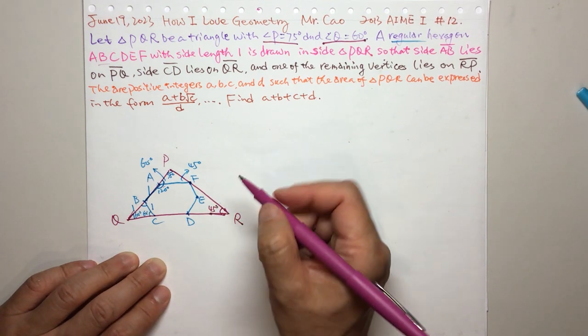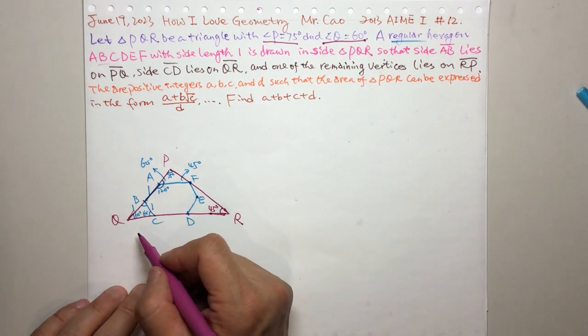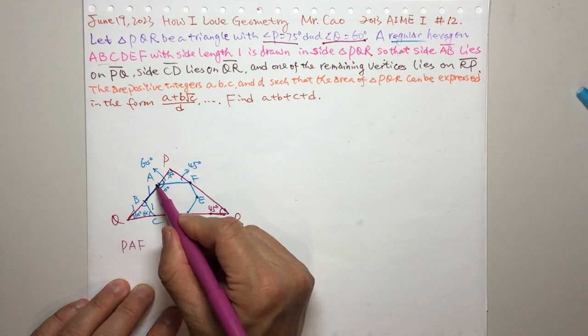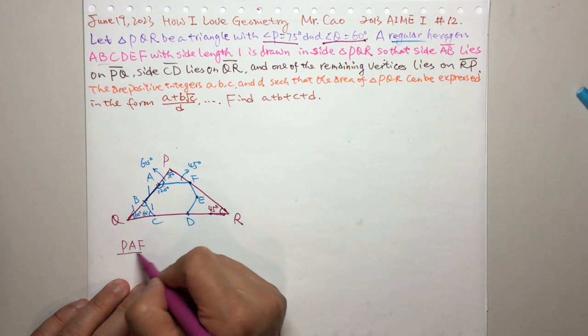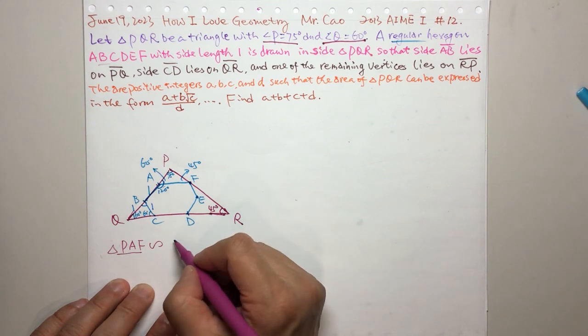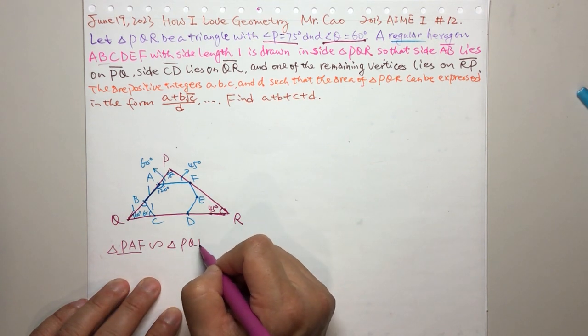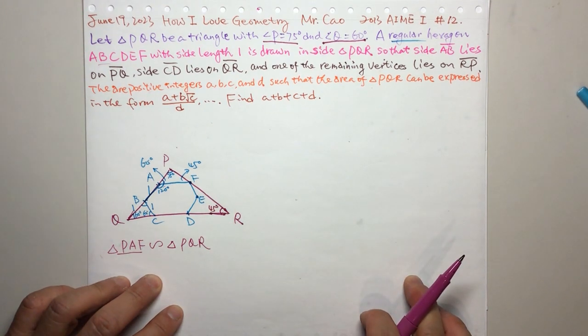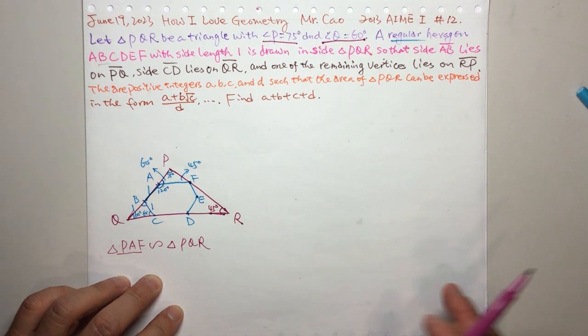It means this small triangle PAF is similar to the large triangle PQR, because all three angles are congruent. So now we have an idea.